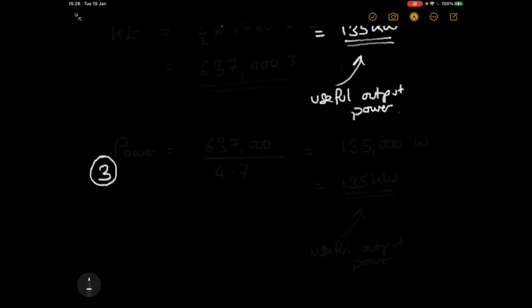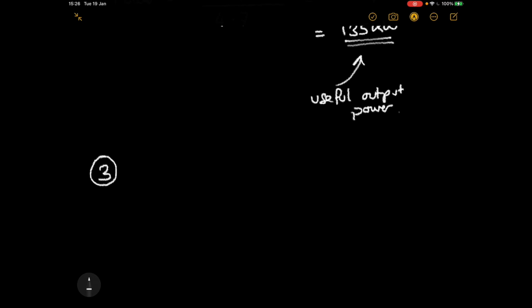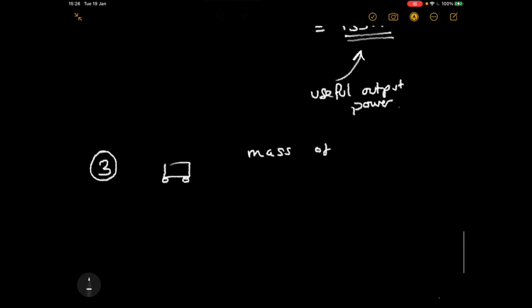And that's that calculation. So for the next example, let's stay with a car. It's going to be a different car, and let's give it a mass of, let's say, 800 kilograms.